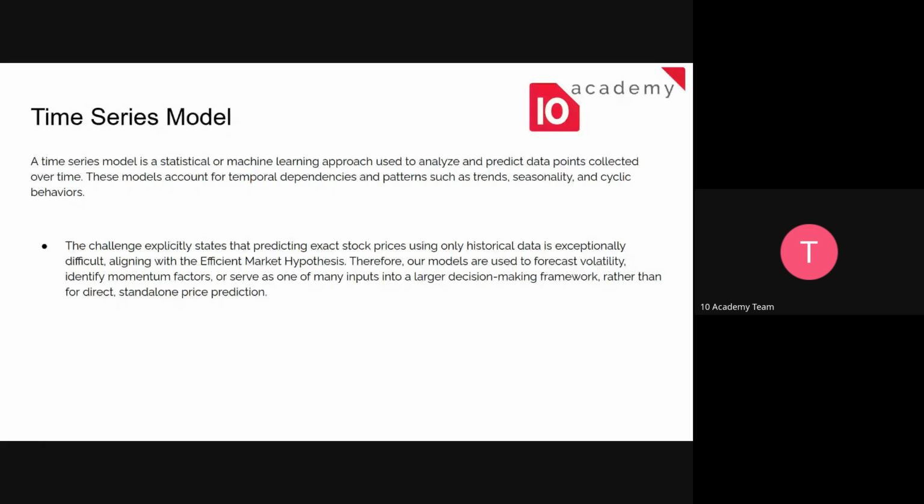Therefore, our models are used to forecast volatility, identify momentum factors, or serve as one of many inputs into a larger decision-making framework rather than for direct standalone price prediction. So the aim is, instead of just predicting the data directly, to see if there's another factor that will influence the result.